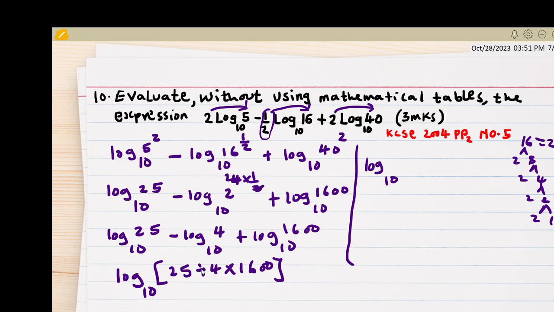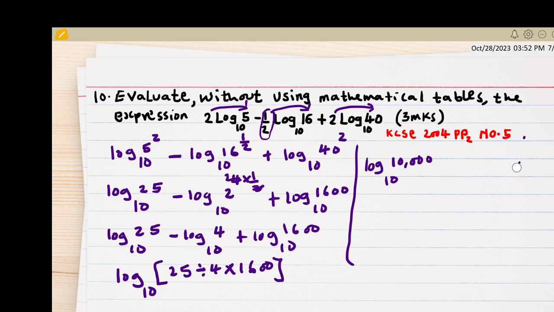Let me feed this on my calculator. 25 divided by 4, then multiplied by 1600. I'm going to get 10,000. Then remember, 10,000 is the same as 10 to the power of 4.